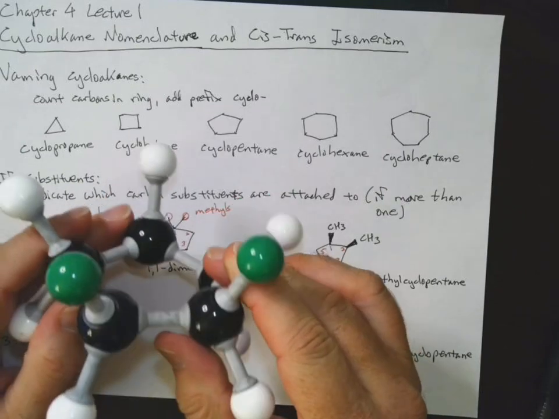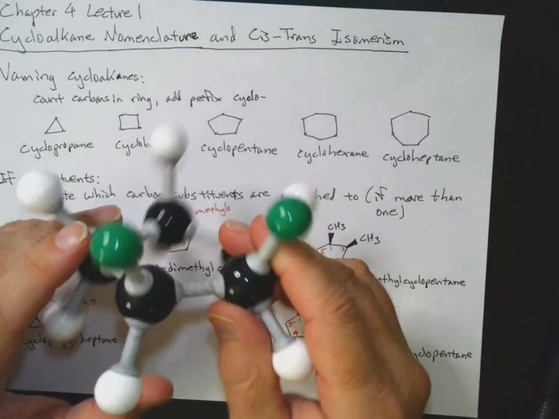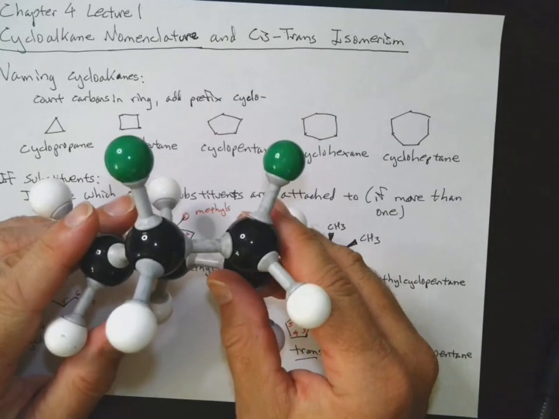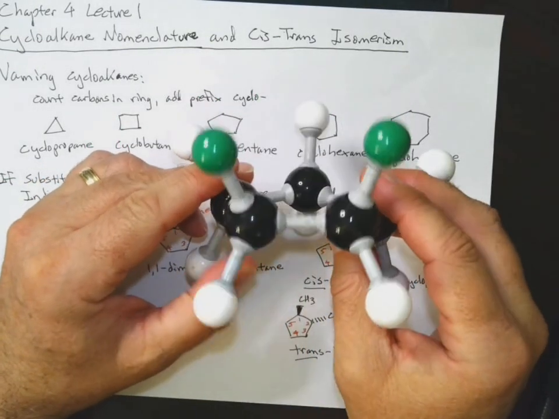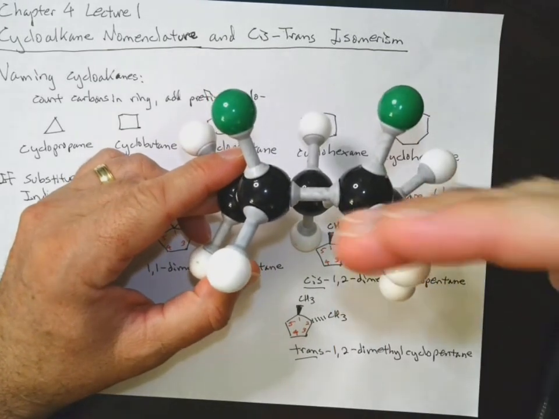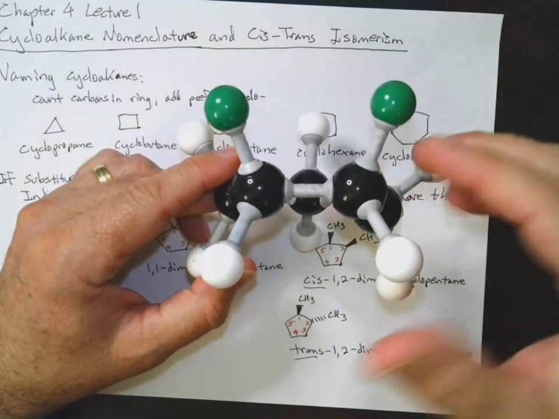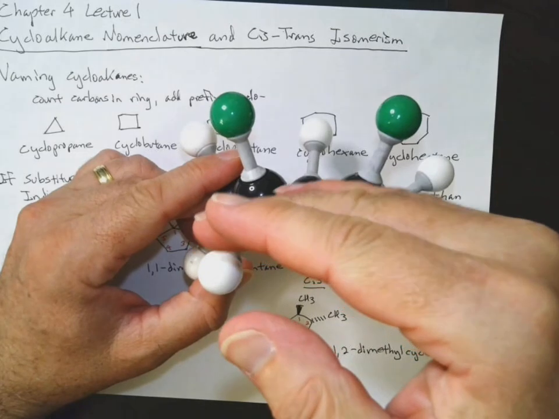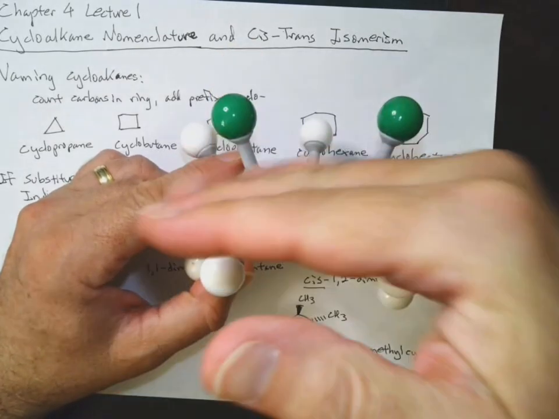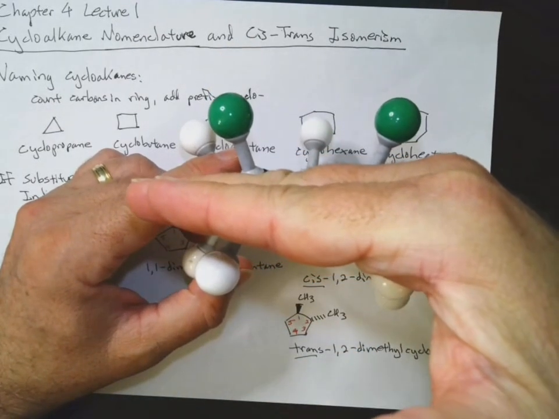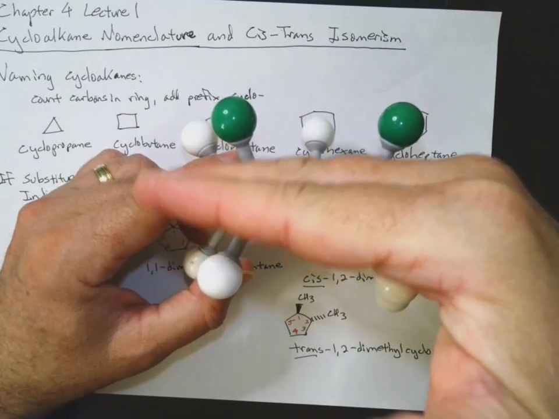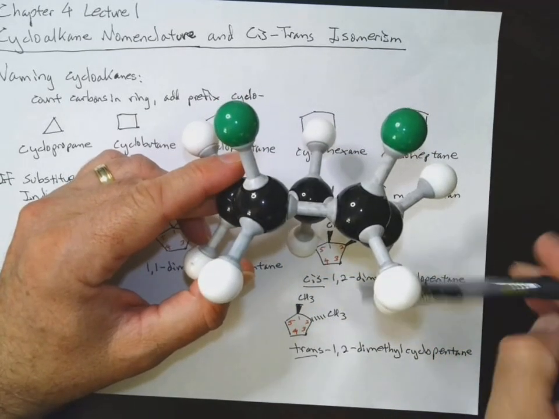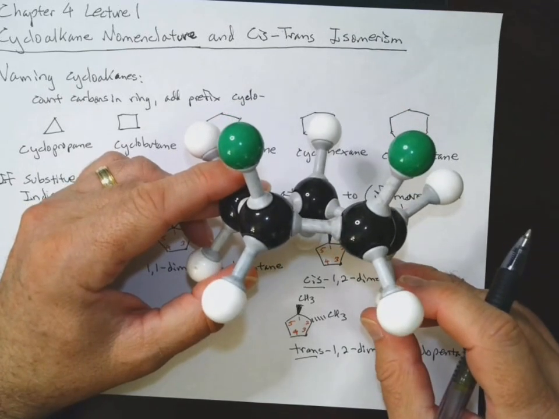We'll see that it's not actually planar like this; we're just assuming it is. If we look at the plane of the ring, the carbons in the ring, we can see that both methyl groups are on the same side. That is cis. So when the methyl groups are on the same side of the ring, that is cis.